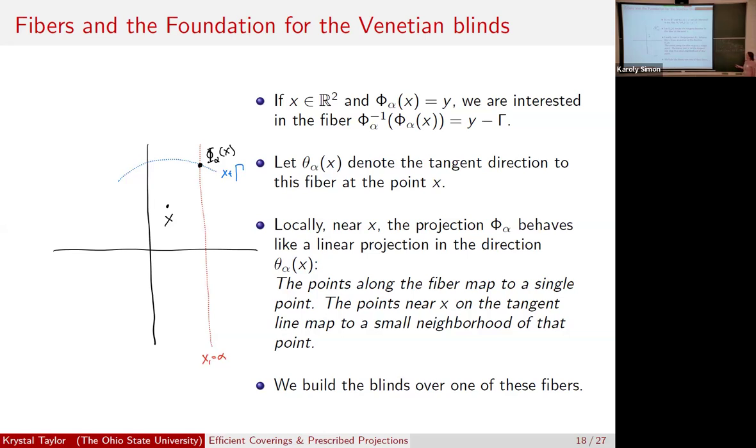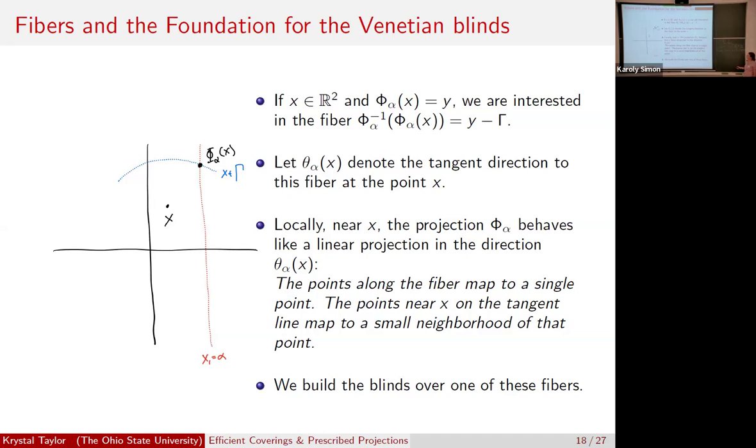If x is in R2, let's call the image of x y. We're interested in the fiber, the inverse image of this. Here's x, we project it, and then we look at its inverse image, which I'm drawing with this red laser. All the points along this invisible line get mapped to that same point.